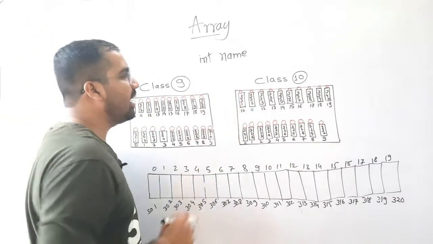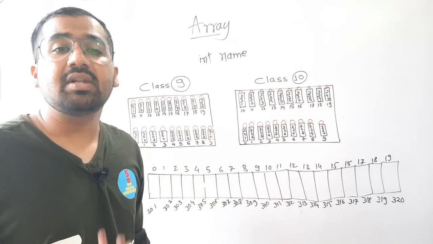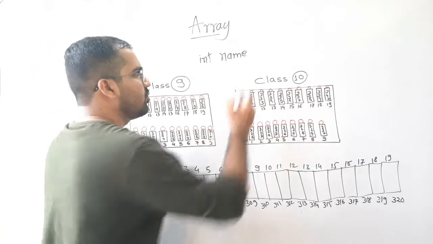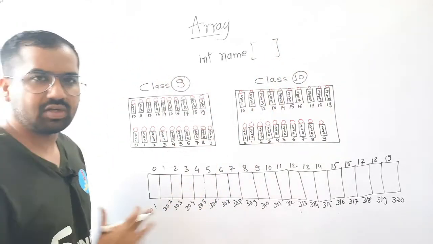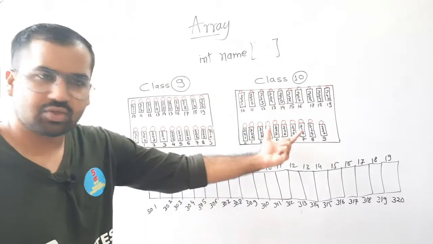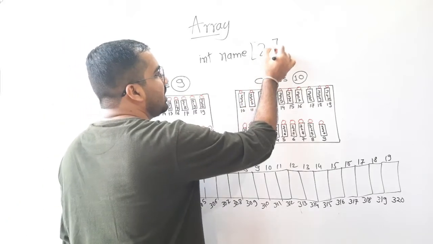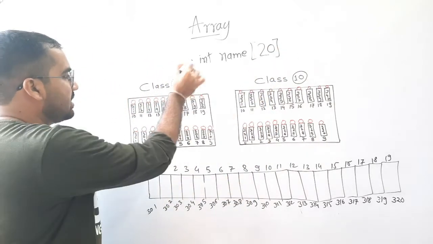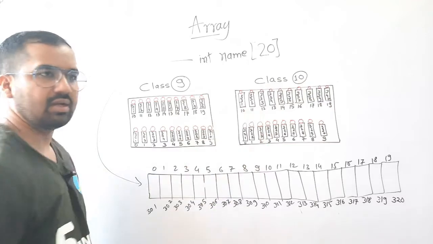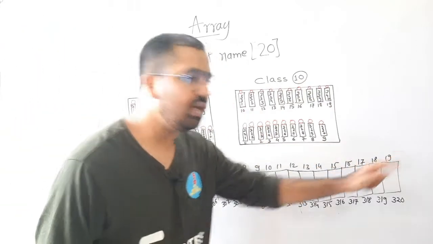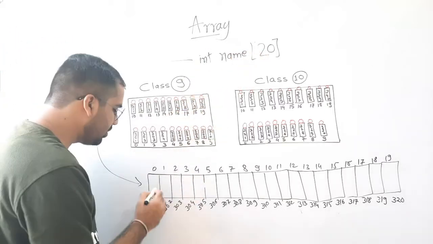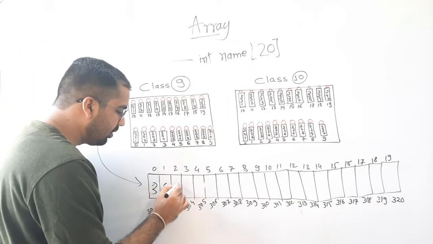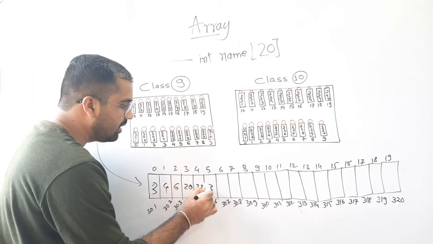After that we are also interested in the size of the array. What's the size of the array? You can mention that in the square brackets. Like here, the class has 20 students, so we mention 20 students, and this is the array that I have considered, which has 20 array elements. These are the memory locations and it is an integer array, so you can take any number like 3, 4, 6, 20, 22, 25, 34.